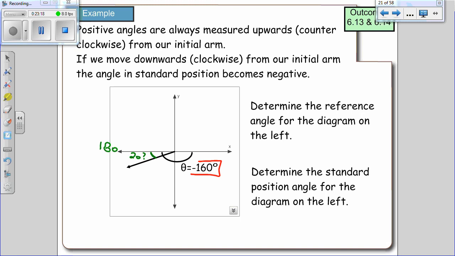If we were to go negative, this would be negative 90, negative 180, negative 270, and both of these are 360. It's basically like being flipped upside down when you're finding reference angles. It's easier? That's good. Hey, you could have done that for the other ones too.